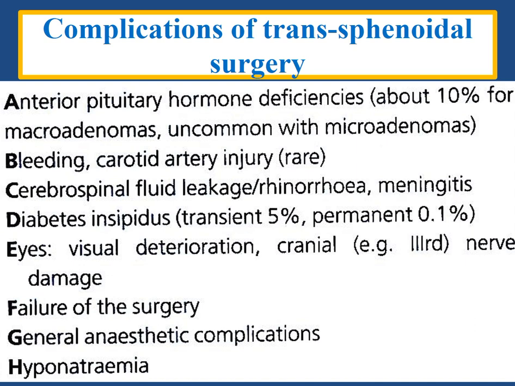It is transient, usually about 5%, and permanent in 0.1%. Eye complications include visual deterioration and cranial nerve damage. In some cases, we may have failure of the surgery and also general anesthetic complications. In many cases, hyponatremia.